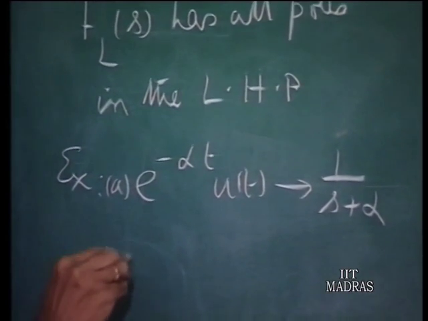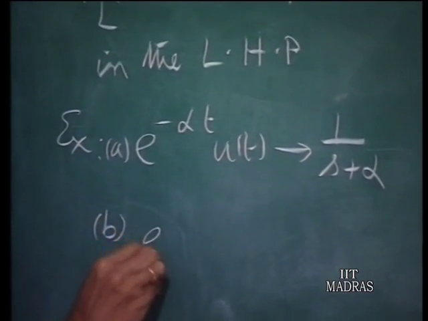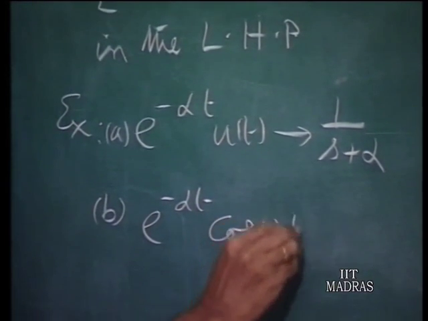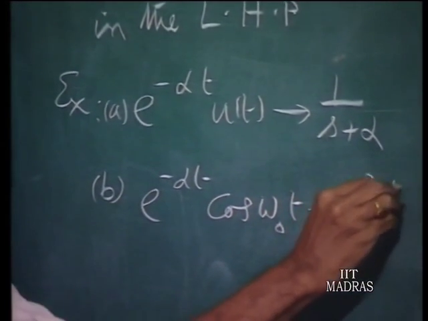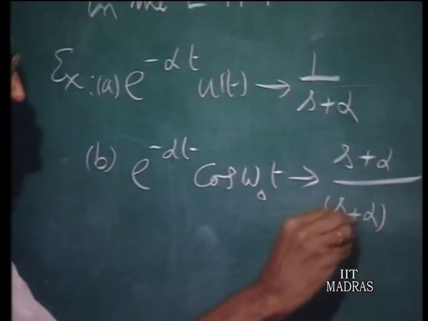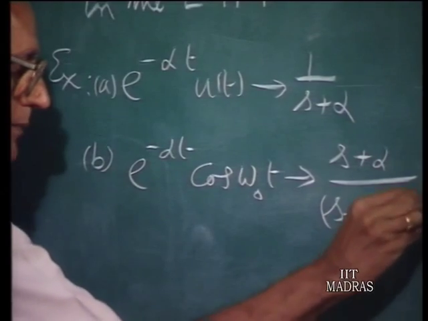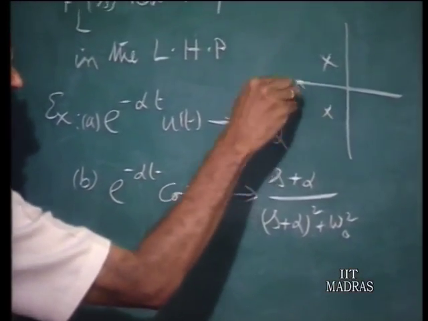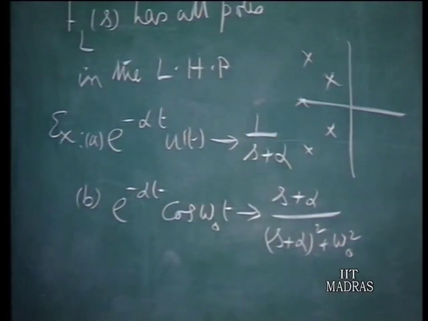Example B, e power minus alpha t cos omega naught t will have the Laplace transform s plus alpha over s plus alpha whole squared plus omega naught squared. That means here all the poles will be in the left half plane.